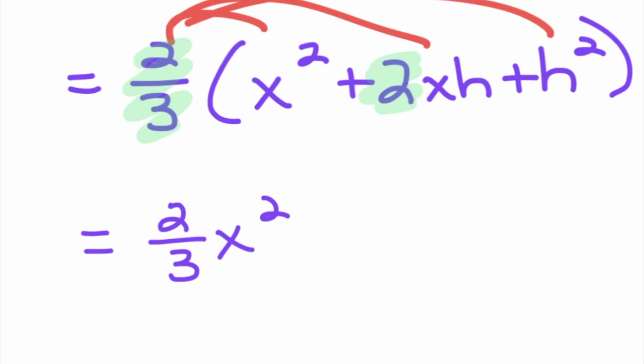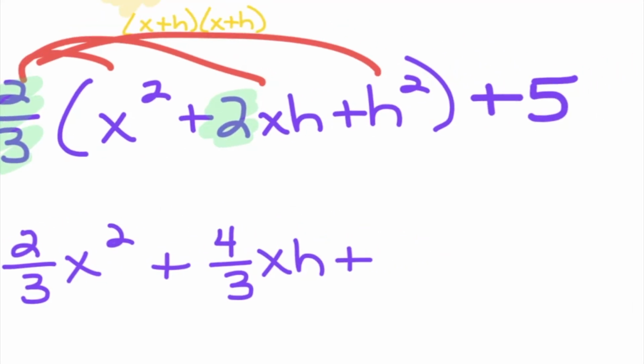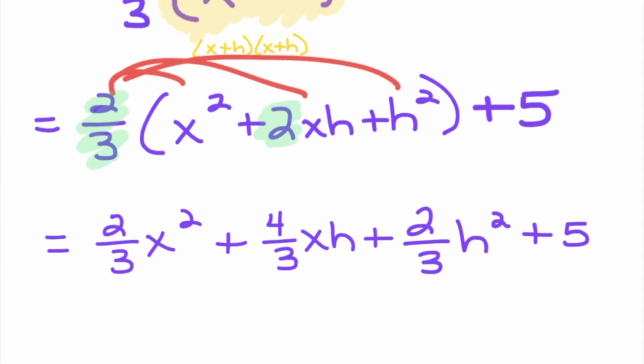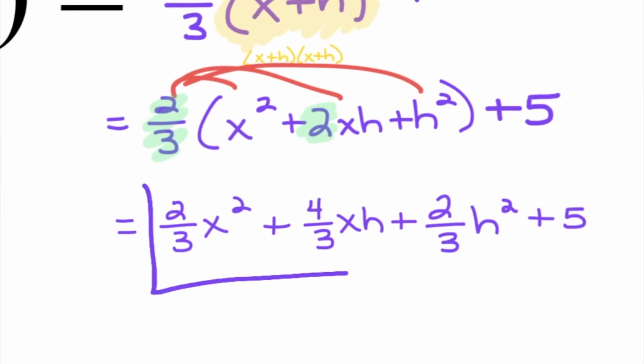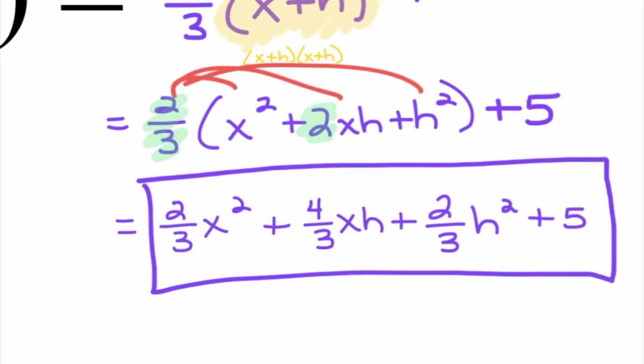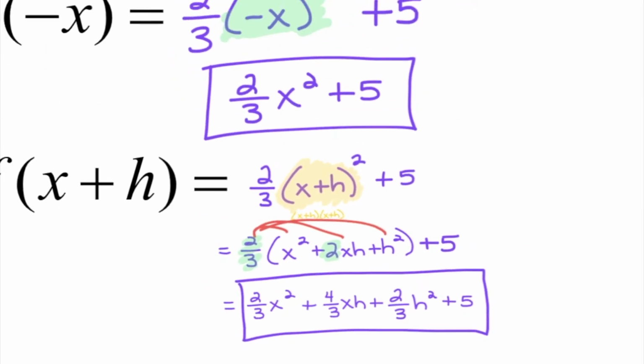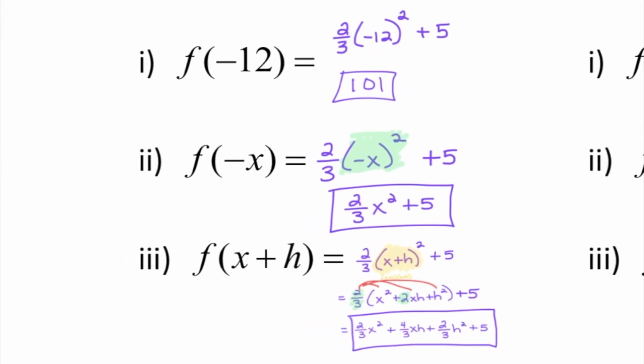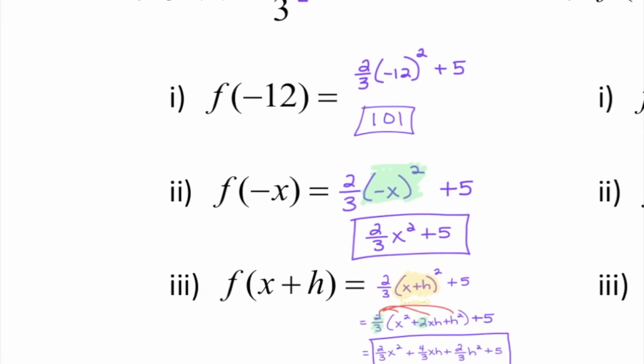So that'll be plus 4/3 xh plus 2/3 h squared. And then just bring down the 5. That can't combine with anything. And so that big ugly thing is going to be your answer to the third part. So there's letter A.